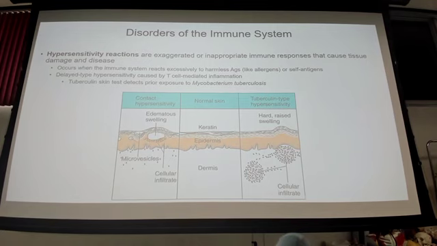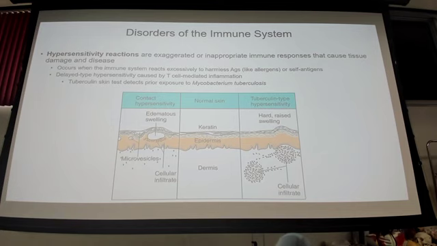So this test, if a person has been exposed to tuberculosis au naturel, or if they've been vaccinated with BCG, either way, they will have sensitivity to the antigen that's in that particular formulation. So it's a tuberculin antigen, you're putting it just a little bit under the skin.